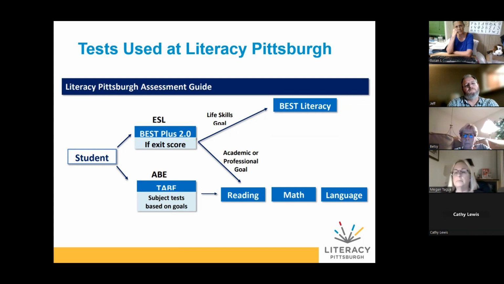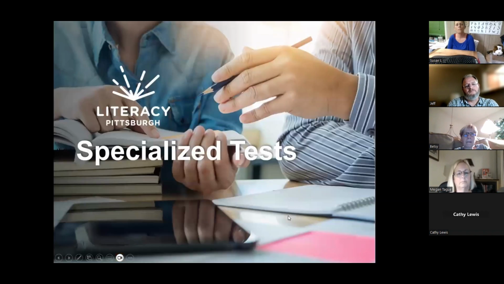And then the language test is shorter, and it's more sentence structure and grammar. So that's certainly a test that's helpful for those who are looking to enter an English program or college English or college writing.